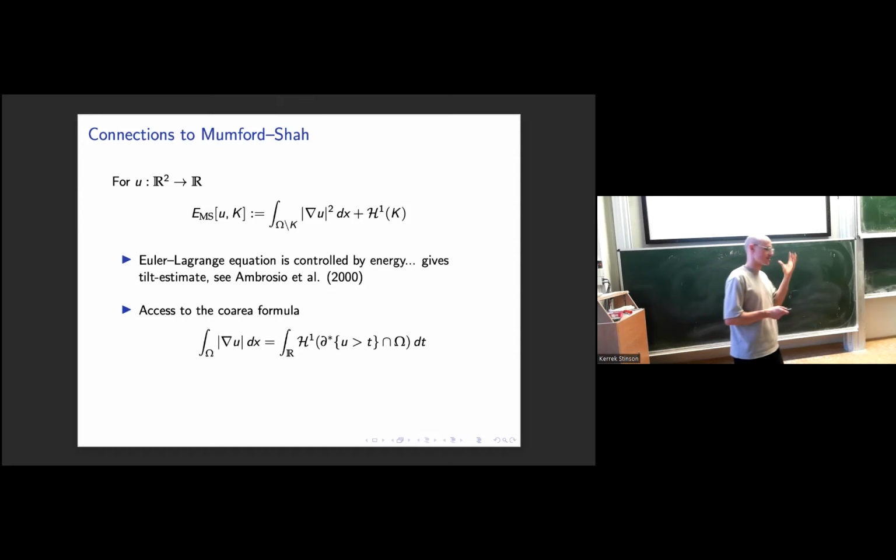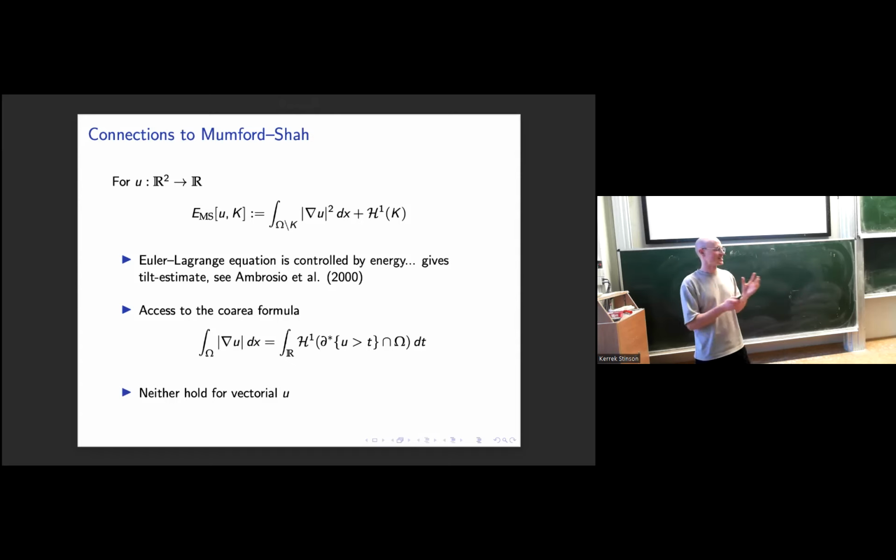And the coarea formula says that the integral of the gradient is the integral of the boundary of these level sets. Both of these things are unavailable for the Griffith fracture energy. Once you have vectorial and you're penalizing the symmetric gradient, you lose a lot of tools.